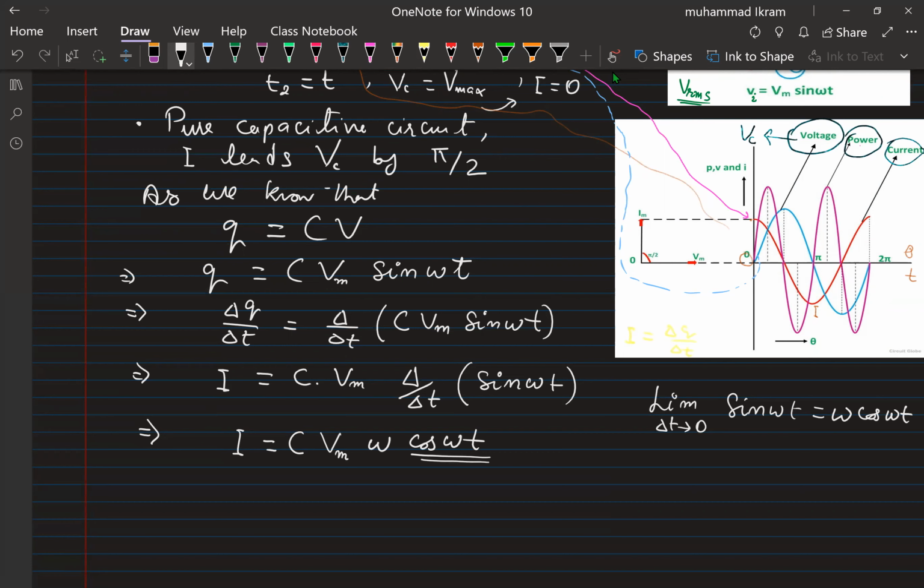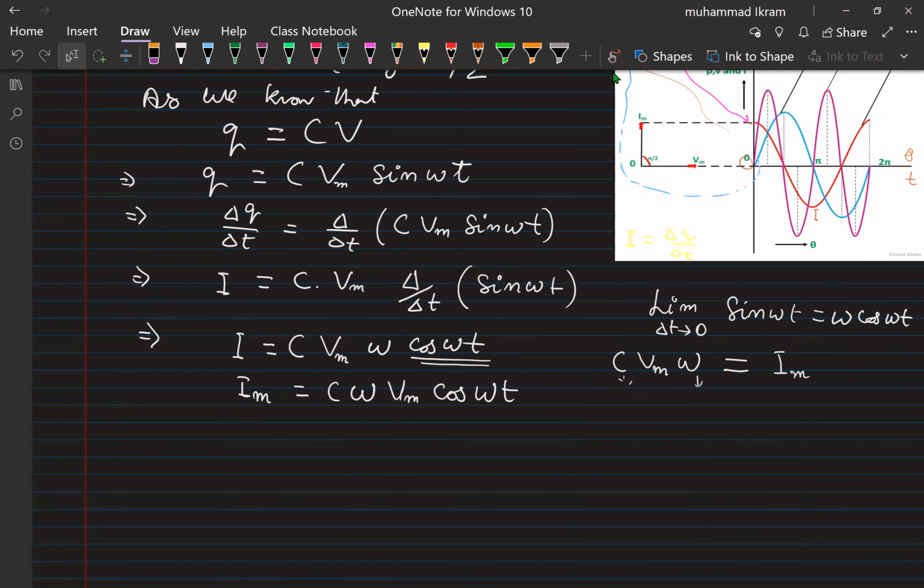Definitely the product of the capacitance, the maximum voltage Vm and omega must have the unit of current, and since this is the maximum, it is Im. So Im equals C omega Vm, and I equals Im cos omega t.